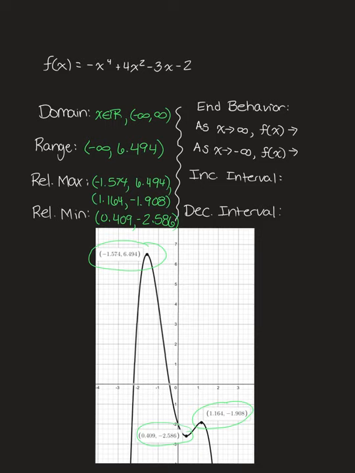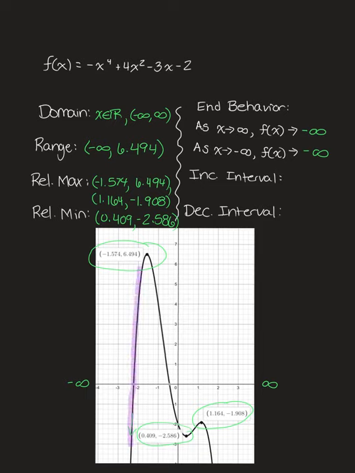As x goes to positive infinity, so looking at the right-hand side, where is the graph going? It's definitely falling off the face of the earth, so we're heading towards negative infinity. As we go to negative infinity in the x direction, where is the graph going? It's definitely going down to negative infinity. So now let's look at increasing intervals. Where is the ant crawling uphill? There are two spots.